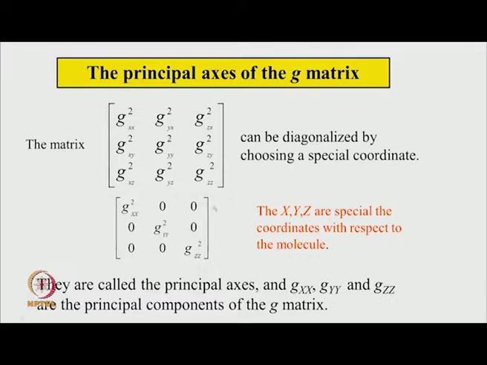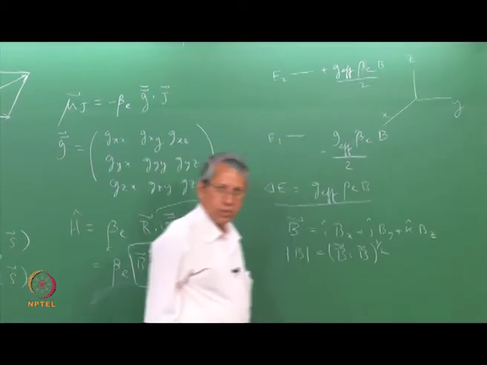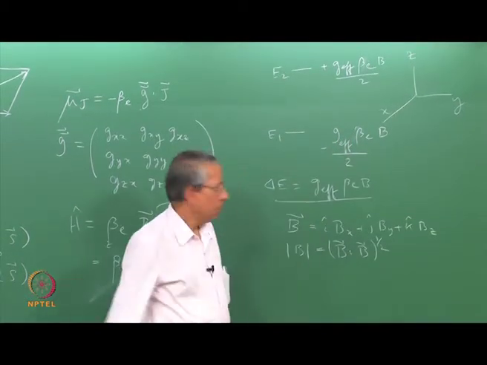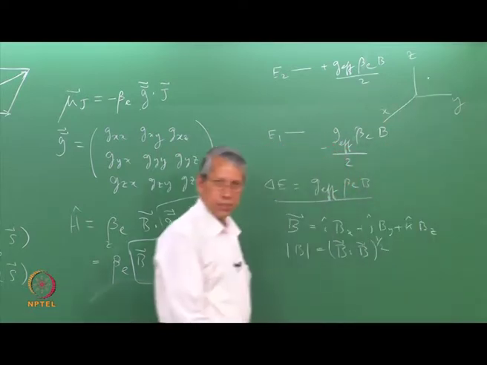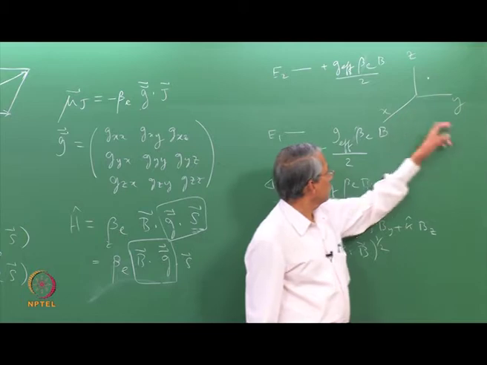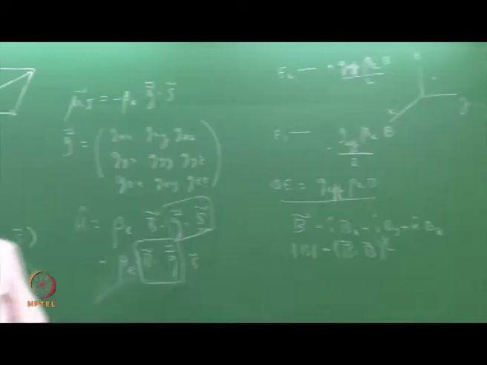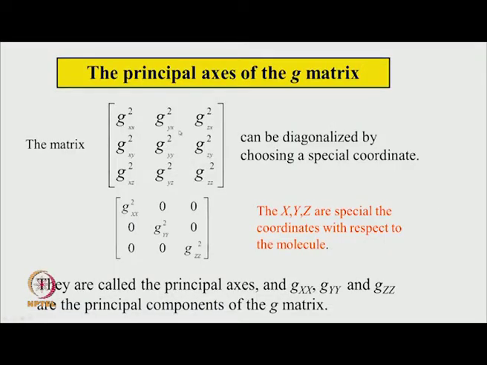Because G square is a symmetric matrix, we can choose a suitable coordinate system. Initially I had some coordinate system in the laboratory where the experiment is done, with the paramagnetic center sitting here, and with respect to this x, y and z, the G square matrix was defined.